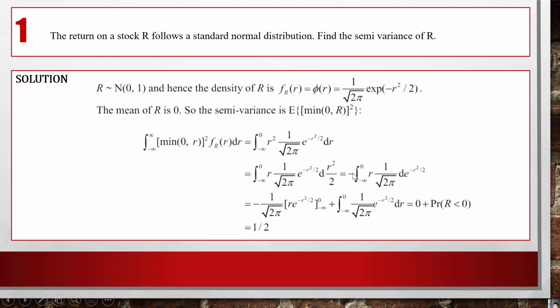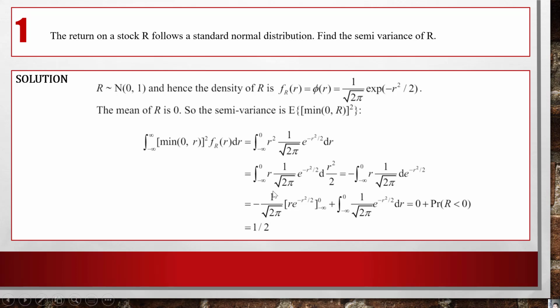And this is equal to the integral from negative infinity to 0 of R times 1 over square root of 2 pi d of e to the negative R squared over 2, because d of e to the negative R squared over 2 is e to the negative R squared over 2 times negative R. So we flip the negative sign to the front.